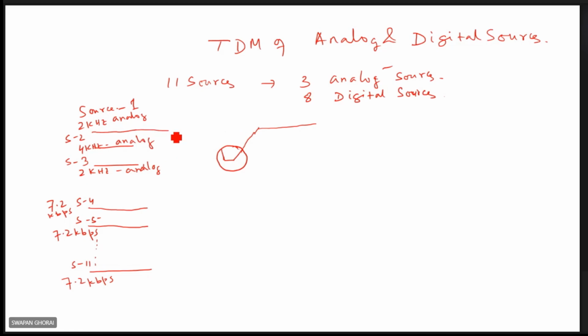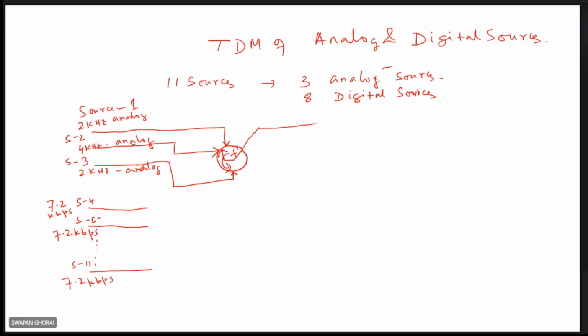The inputs are 1, 2, and 3, and the scanning frequency is F. You have to convert this analog to digital, and this can be done using PCM.